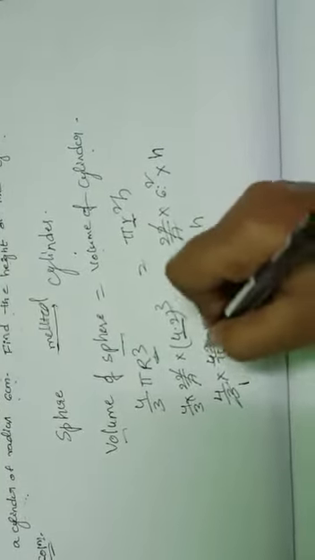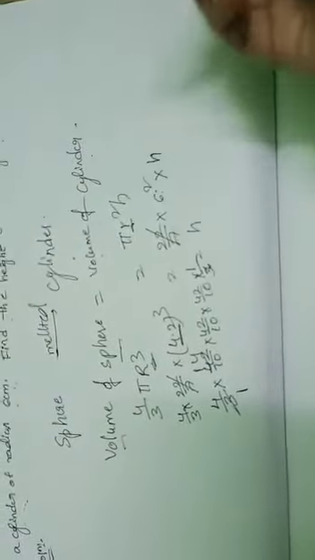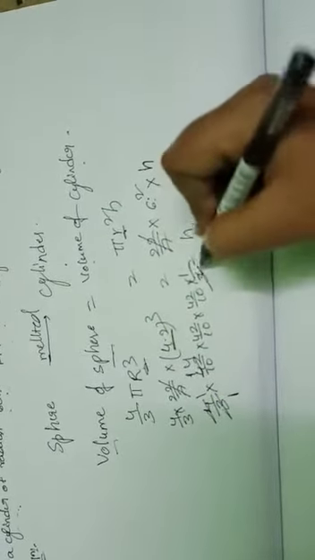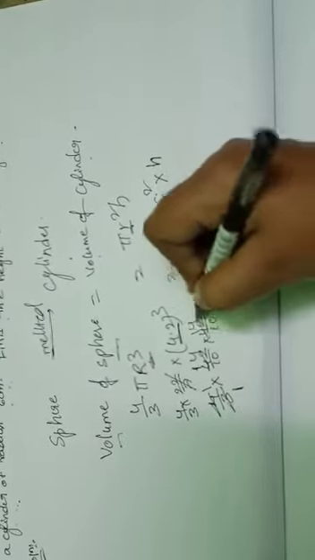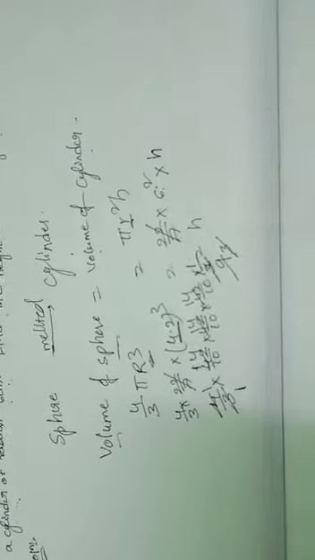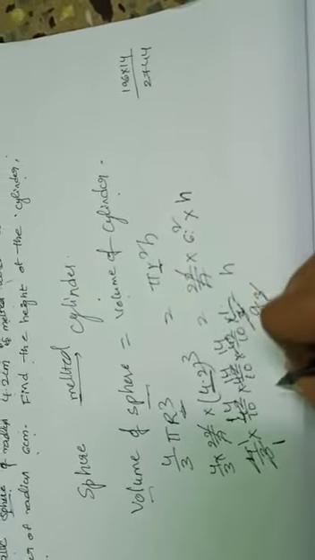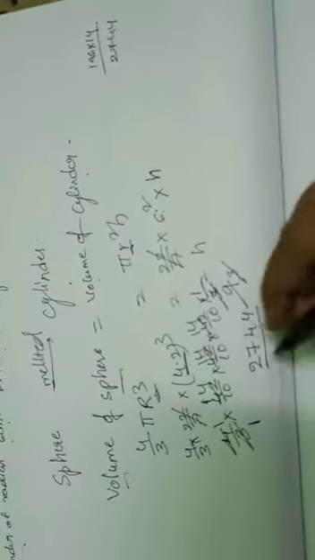3 ones, 3; 4 times, 3 14s are 42; 4 ones, 4 9s are 3 3s, 3 14s. 14 into 14, 196. 196 into 14 is 2744 by 1000.